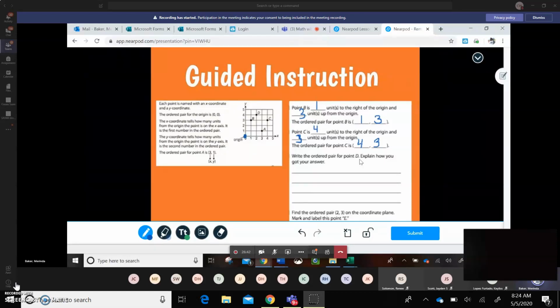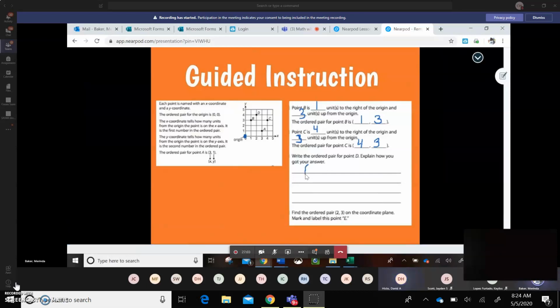First, I will start with 1 to x-axis. Go to 2. How many units in what direction? Right 2, and then go up 4. Okay, yes. So what's our ordered pair? 2, 4.